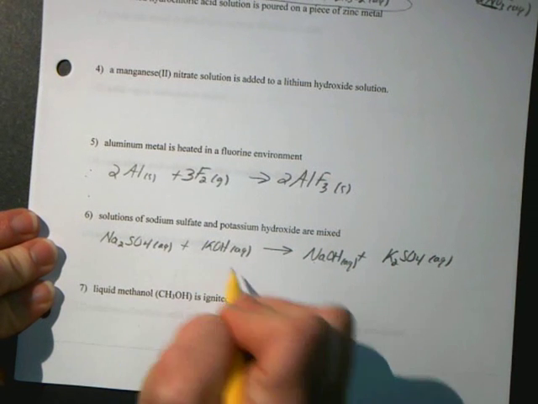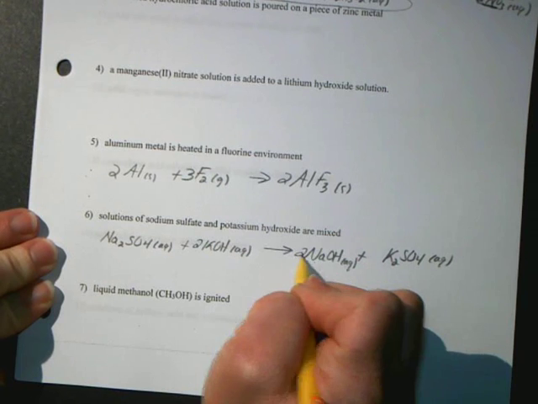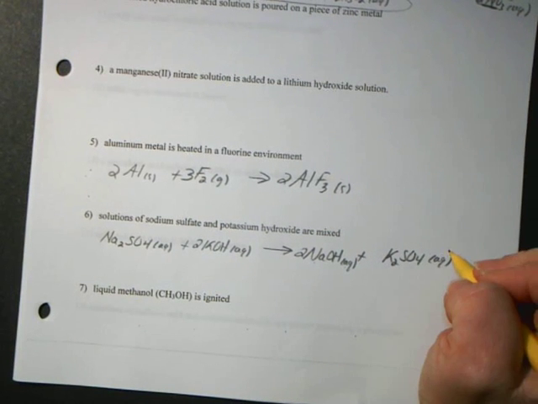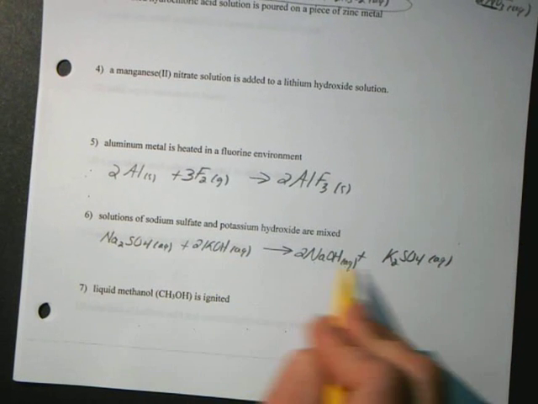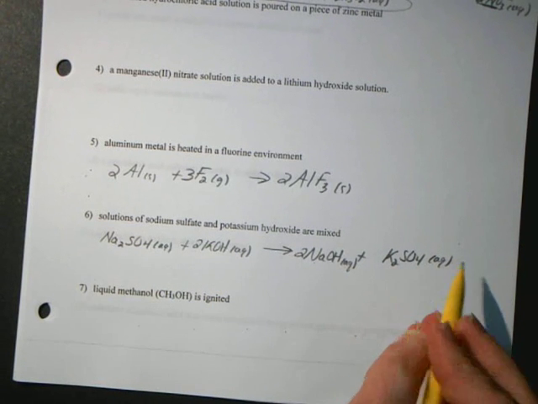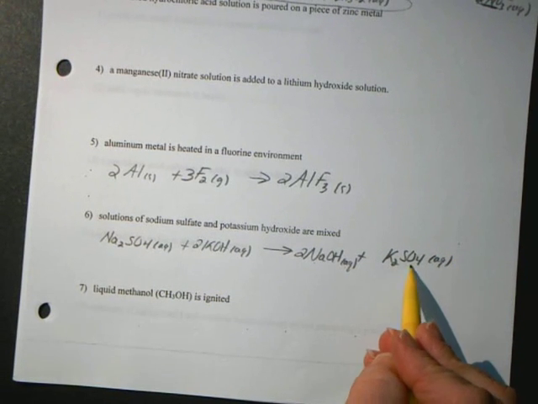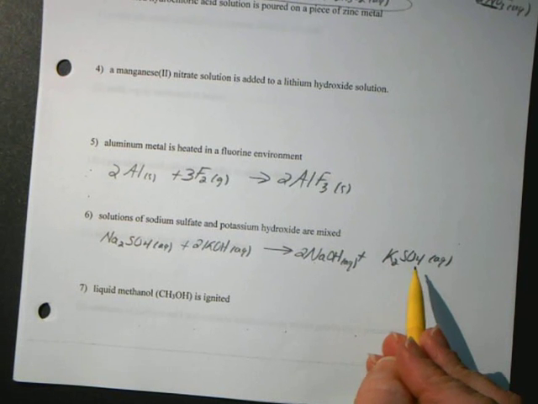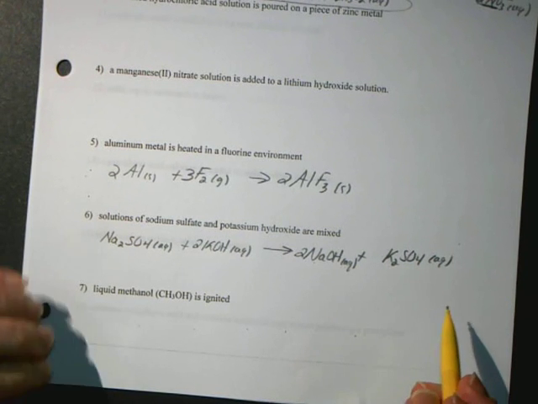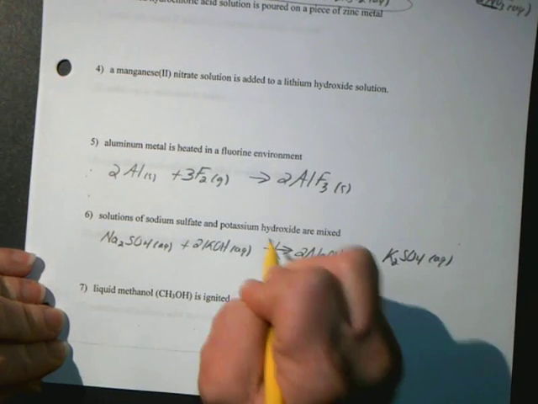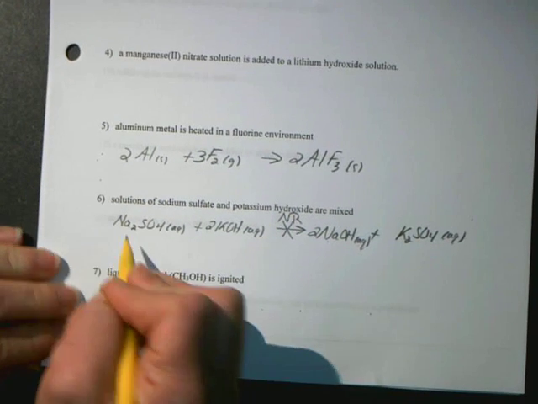And I'm going to need a 2 and a 2 to balance. Okay, have we created water? No. Have we created a gas? No. A precipitate? No. Anything undergoing a change of charge? No. Have we created a molecular species that does not get written as ions in solution? No. So actually, this is a no reaction, but let me prove it.